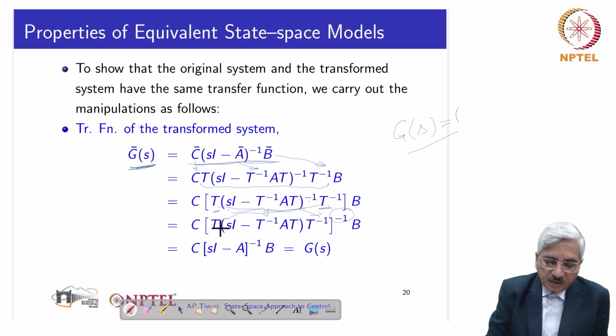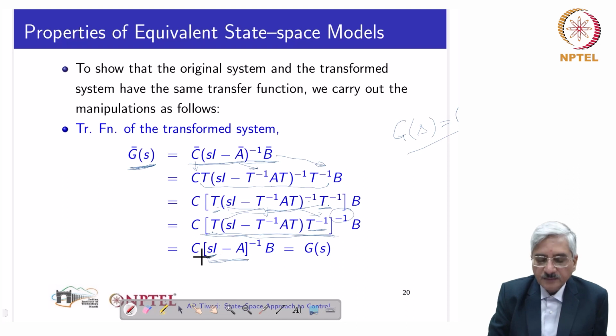So we get this one, and then this leads to sI minus A, because T multiplied with sI is sT I and T inverse multiplied to that, sI T inverse, cancels and we are left with sI.